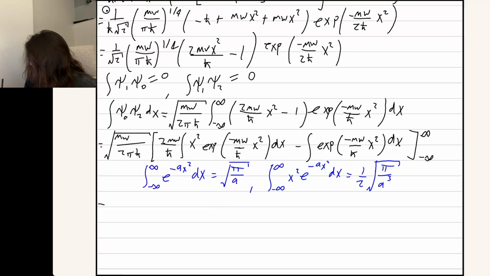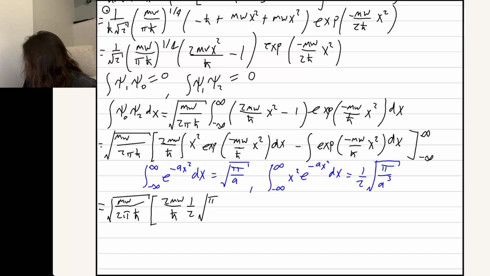We got this radical out front that hasn't changed yet. We got this 2m omega over h bar here. That integral is this integral, so it's 1/2 square root pi over a cubed. So a in this case is m omega over h bar.